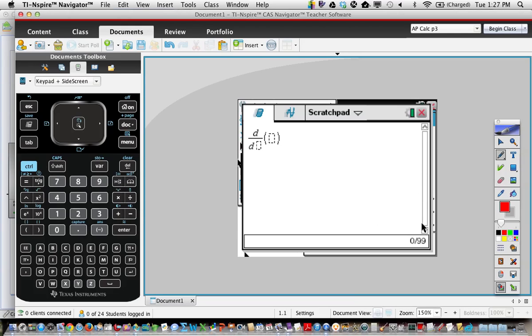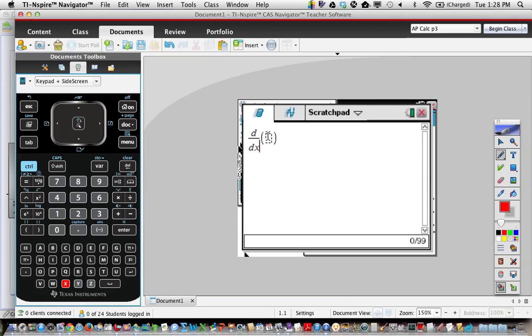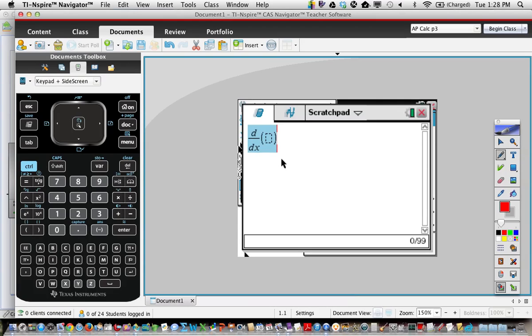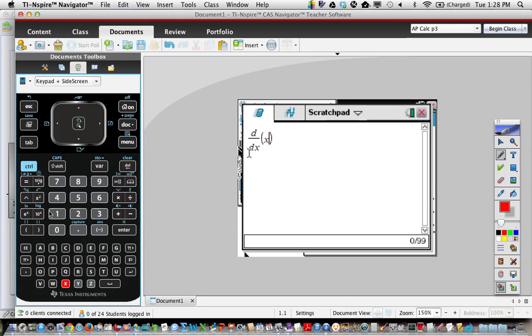Okay? So let's say we wanted to do the derivative of x cubed. What would we put down here in the bottom? We'd put an x, because that's what we're doing with respect to. If we want to do t cubed, we'd put a t there. Okay? And then inside this box, we put x cubed. And so this will be the derivative of x cubed, and we hit enter, and there it is.